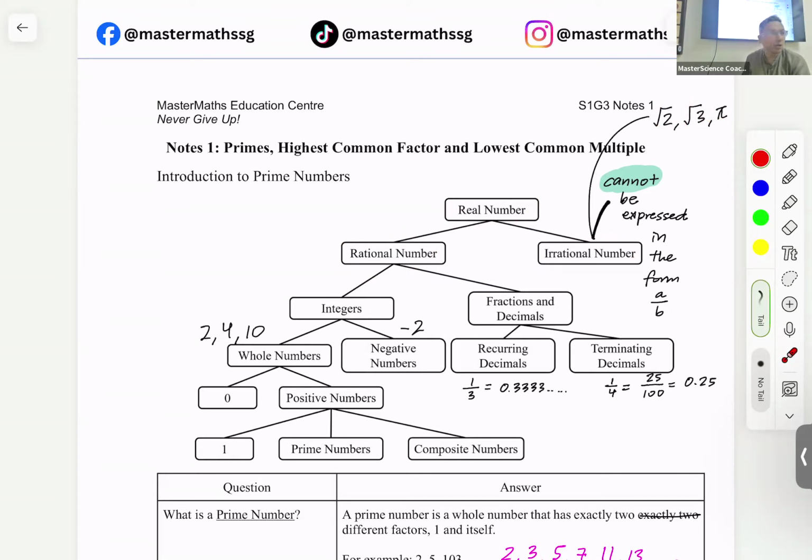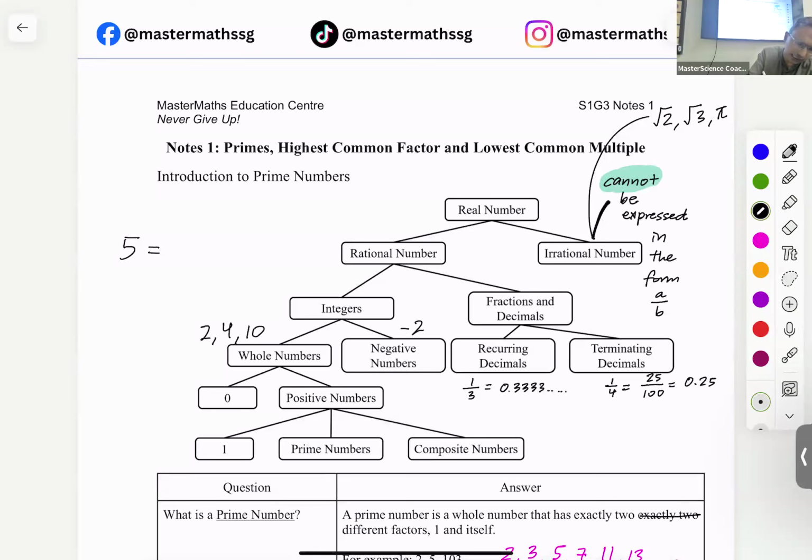Does it mean that they are always a over b? No. So for instance, the number 5. Is this a rational number or an irrational number? Rational, because 5 can be written as 5 over 1. So if it can be written as 5 over 1, it is therefore rational. But where under rational numbers do you group this?